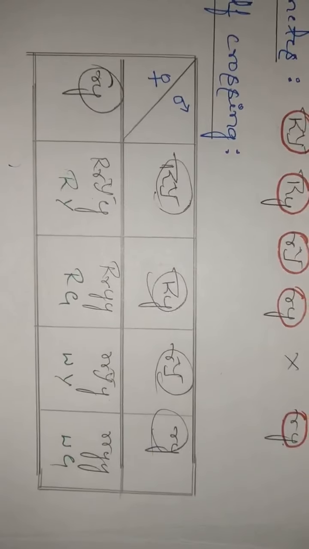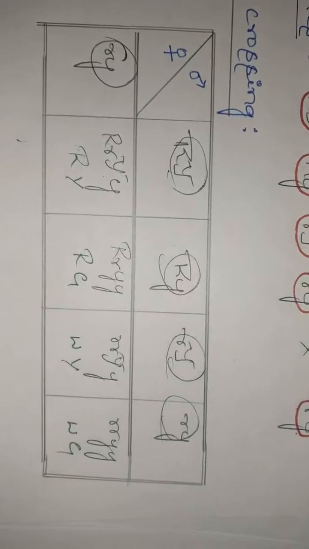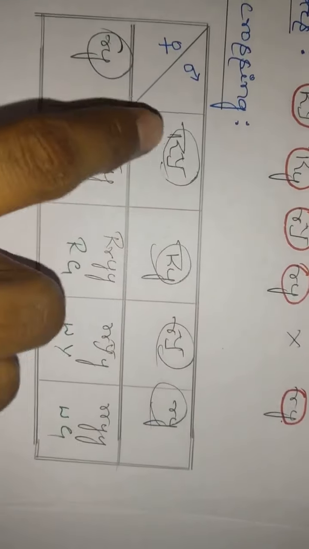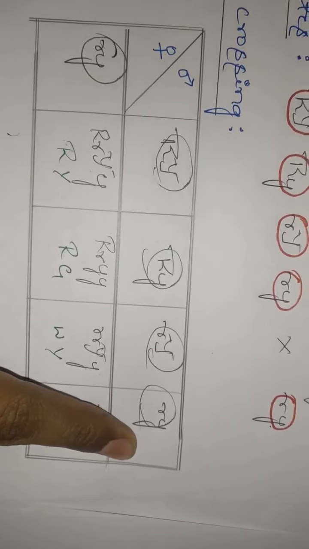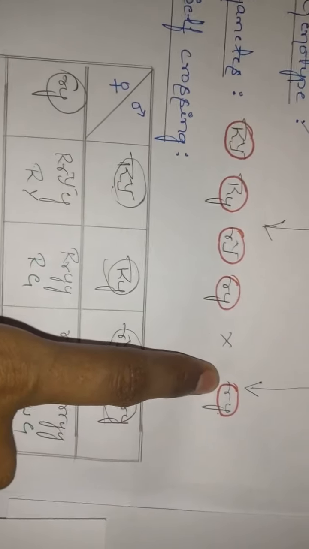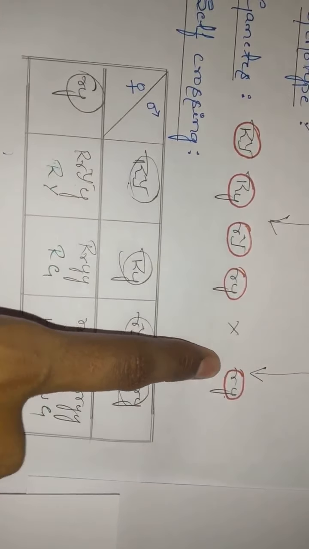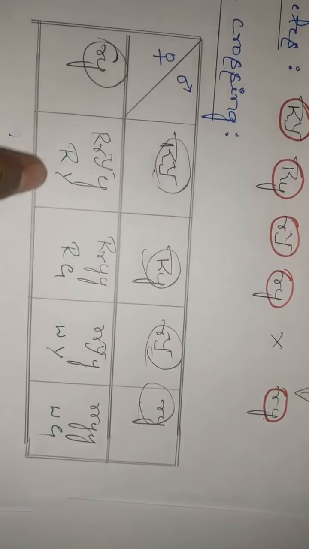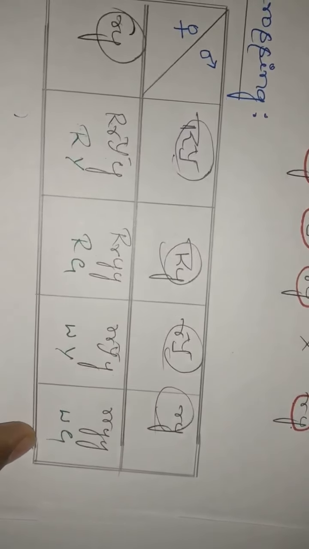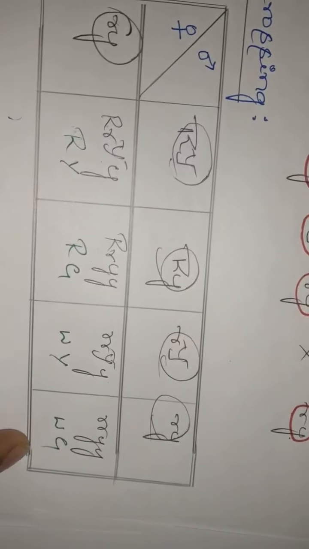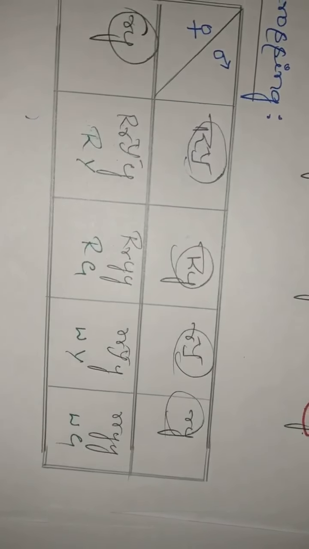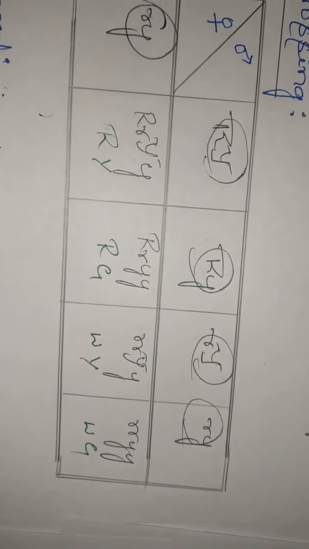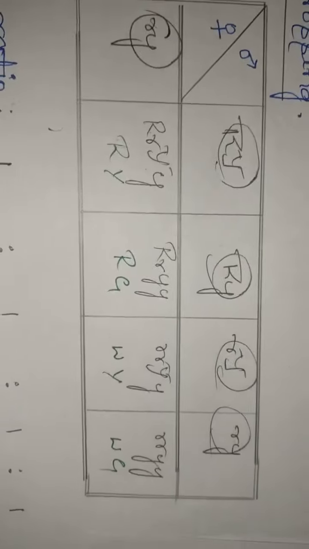All four gametes are crossed with the homozygous recessive parental generation, and we get four different plants. The plants in the next generation will differ from each other both phenotypically and genotypically, that is, morphologically and genetically.